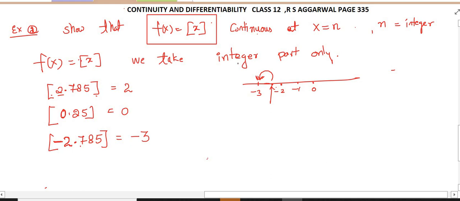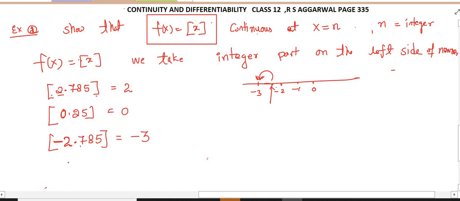The greatest integer function means we take the integer part only, or I can improve it, the integer on the left side of the number. Okay, one more example.